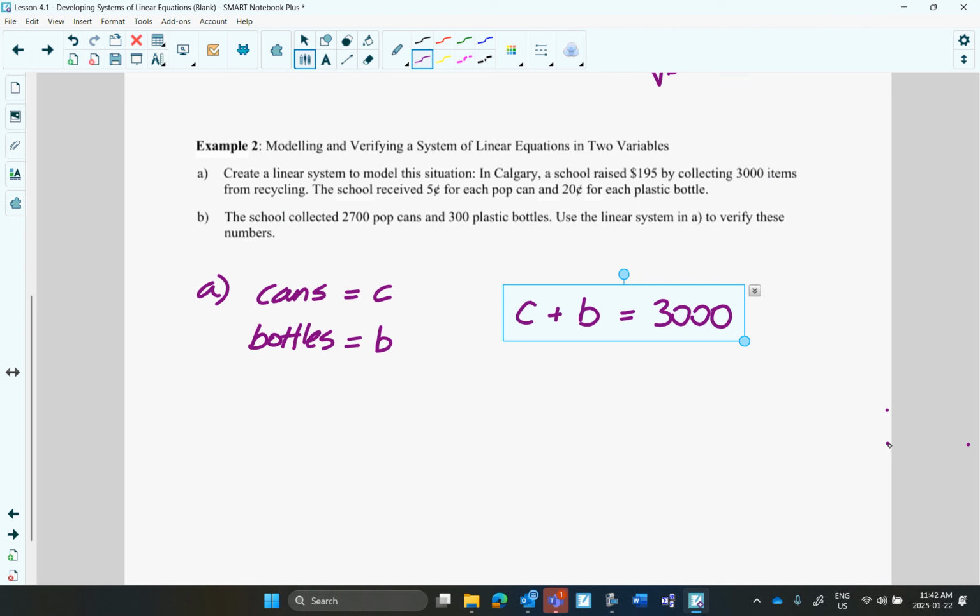How much do they get for each can? 5 cents, and for each bottle, 20 cents. So if I calculate the total amount they get from the cans and the total they get from the bottles, what's that going to add up to? 195.